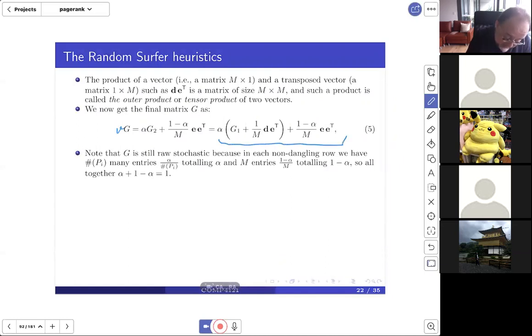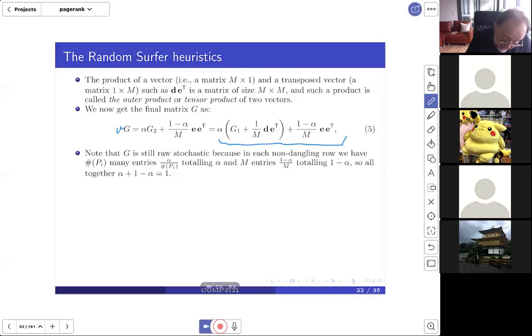Now notice, d is the indicator vector of zeros and ones only, that has zeros everywhere except on dangling nodes, where it has one.